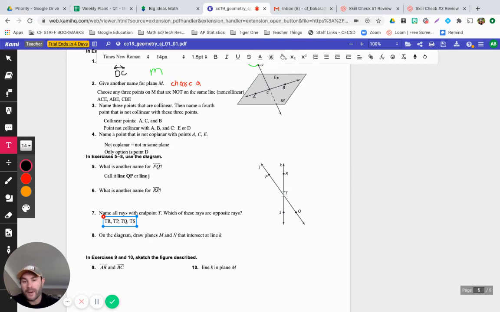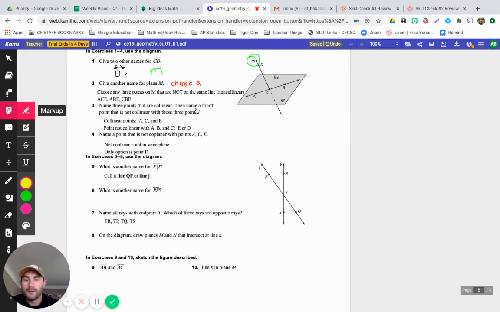All you do is just go out from point T, any direction you want, and there's your ray. That's ray TR. All of these should have a little arrow above it showing that this is a ray.